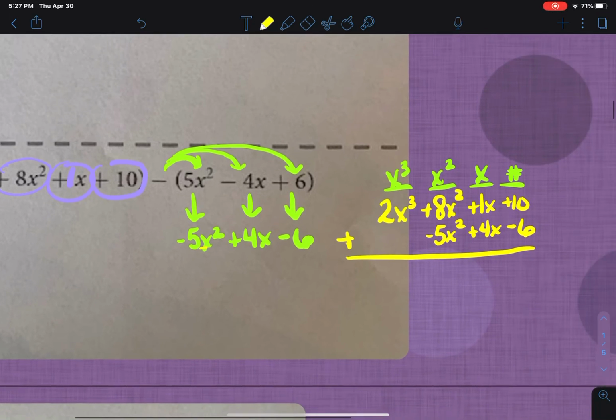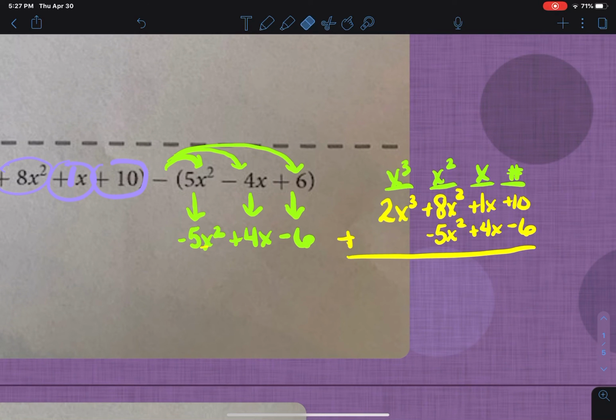Then I can make my plus sign and draw my line. So now I'm just going through and starting to total each of my columns. This one's kind of easy because it only has that 2x to the third that's there. If I go here, positive 8 and negative 5 is going to be positive 3, so positive 3x squared.